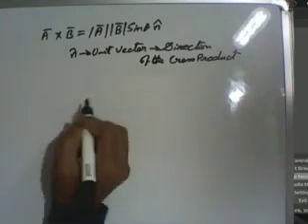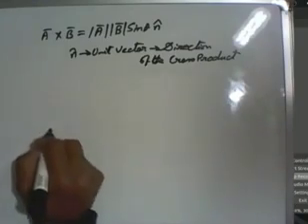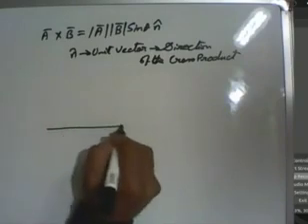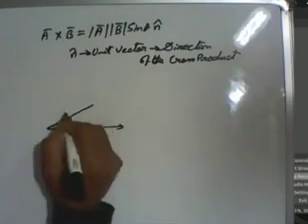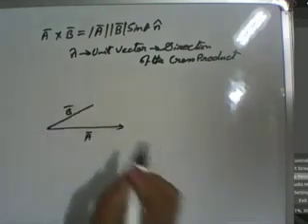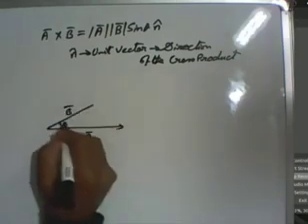Okay, what is the physical significance of this cross product? Let me say this is a vector A and I have a vector B along this direction. So this is the angle theta.